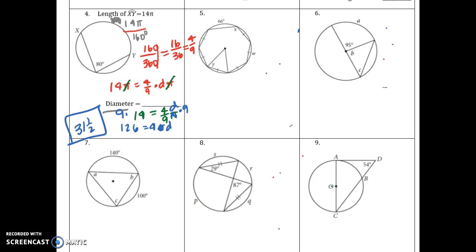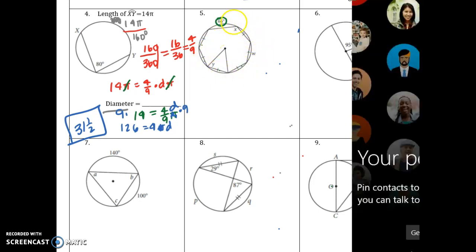This one's kind of tricky. Let's see if I can get it all in the same picture here. So this is 66, and all the rest of the sides of the shape are the same, which means the chords are all going to be the same.